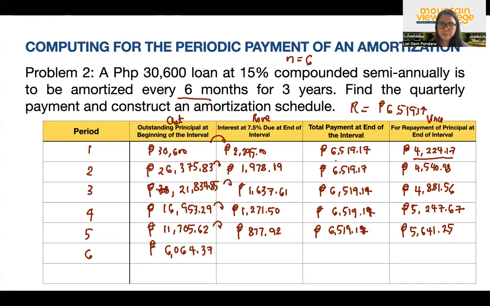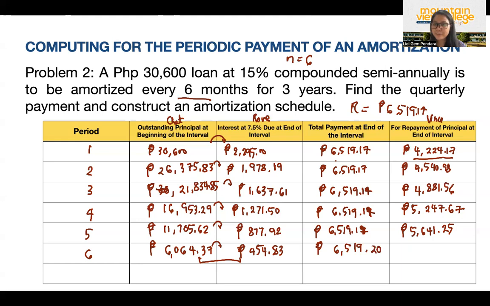6,064.37. Rovi, how much is the interest? 454.83. Okay, Vince, how much should be the ending payment? 6,064.37 plus the interest, so 6,519.20.